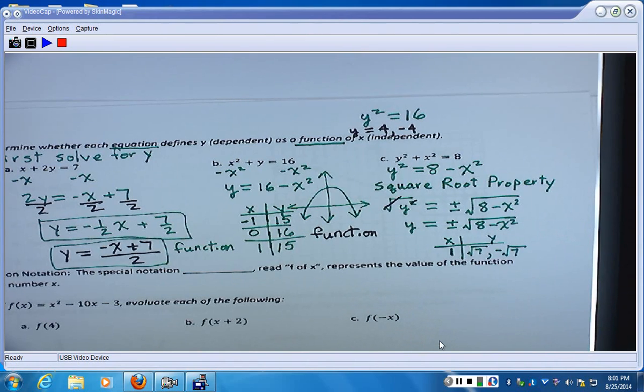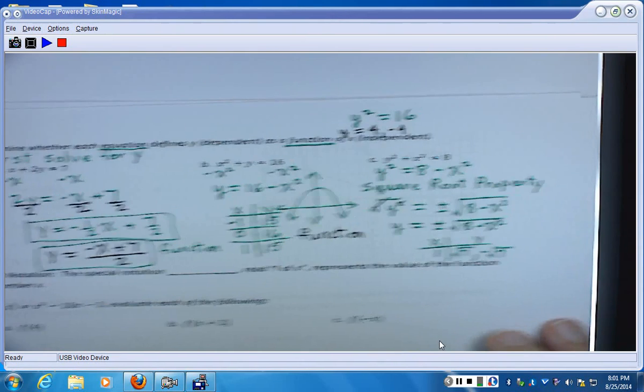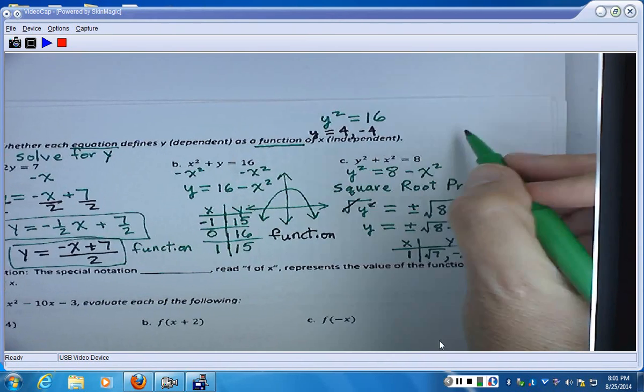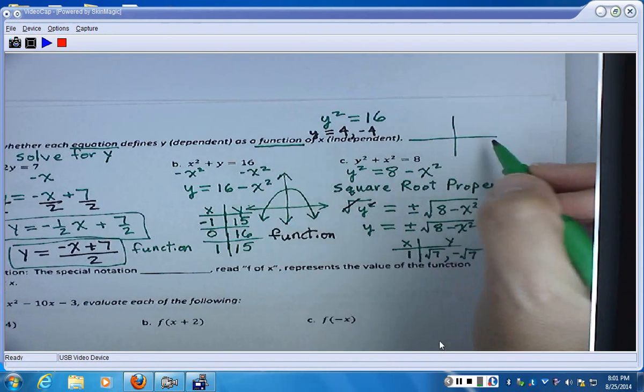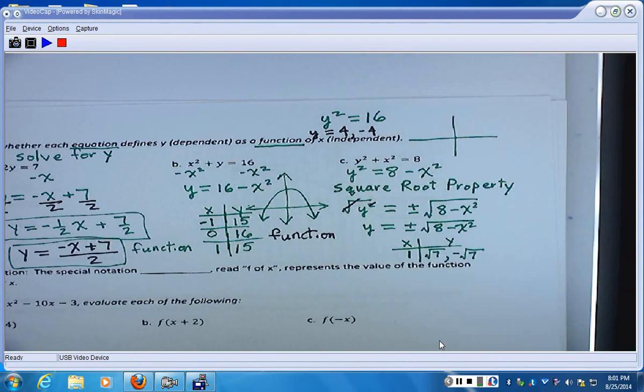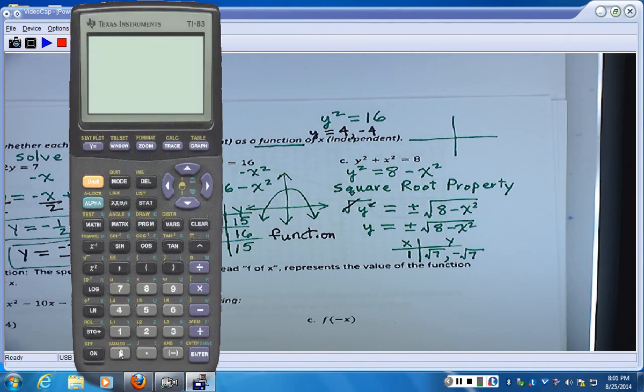Now if we drew this, I'm trying to decide which way it would go. I can show you on the calculator. For this relation, it's a relation, not a function.